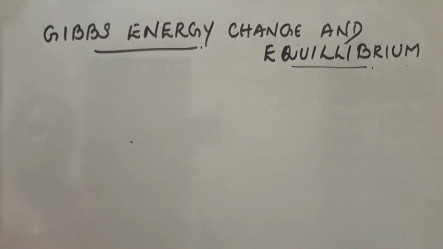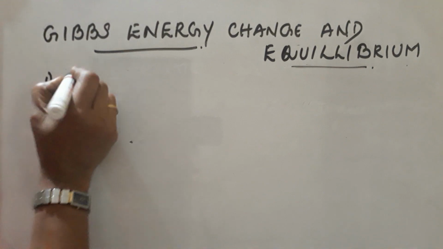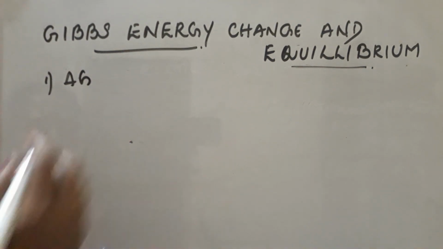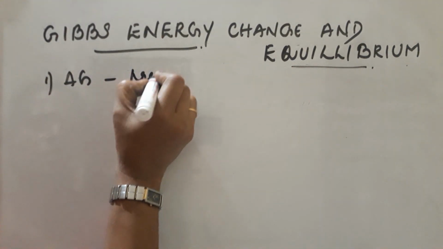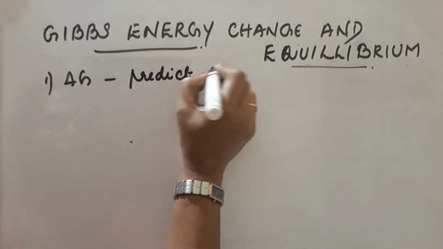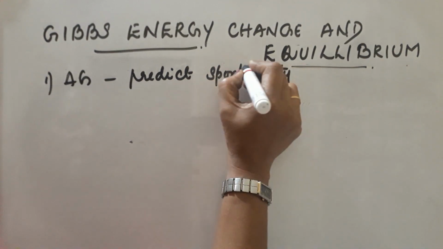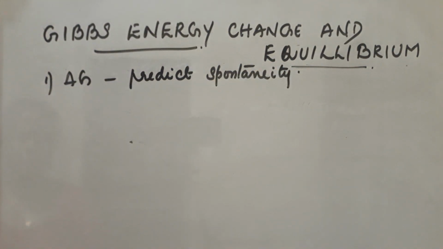So from this we can conclude certain important points about Gibbs energy change. First point: if delta G is known, we can predict spontaneity. We already discussed that if delta G is 0, it is at equilibrium.